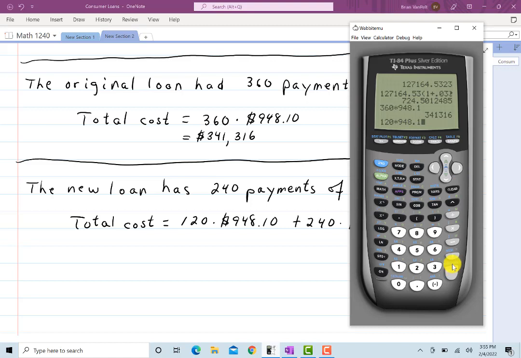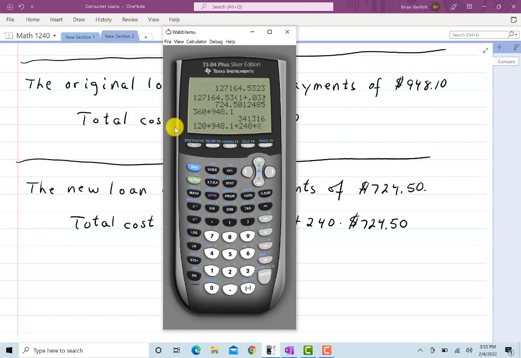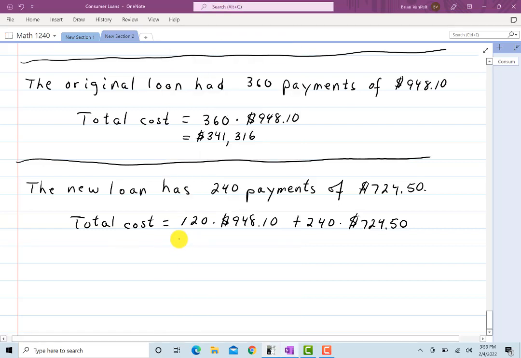So for the rest I had plus 240 times 724.50. Here we've got 287,652.